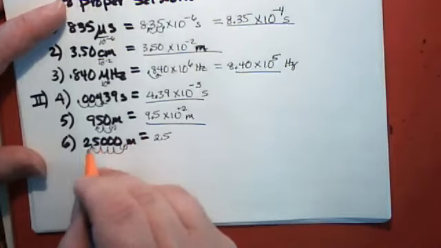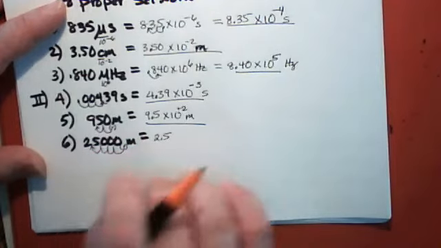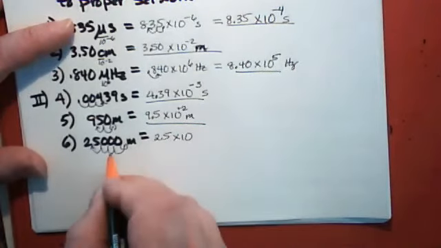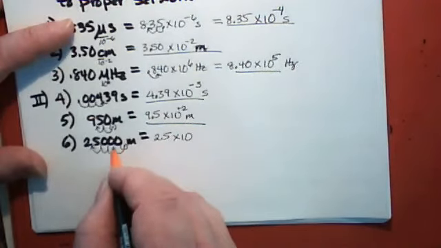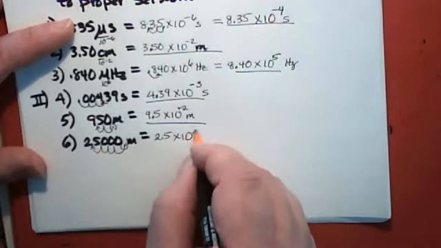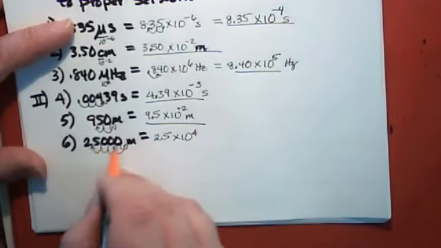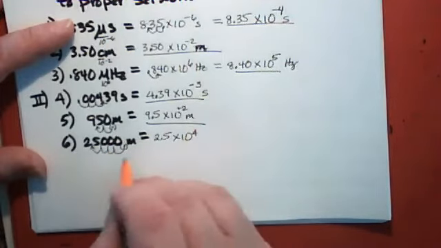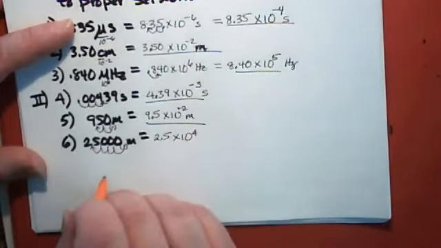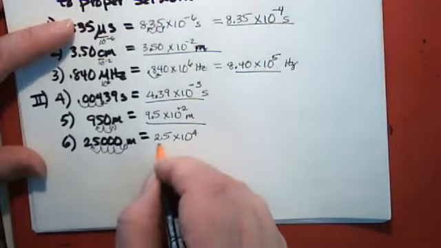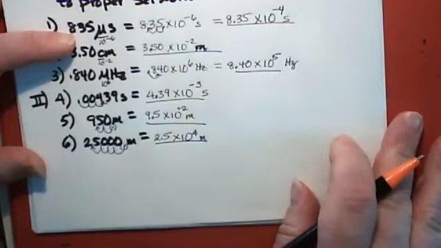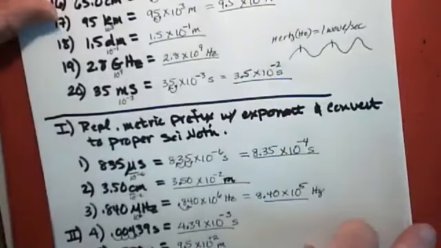So this is really just a 2-digit number as far as significant figures go. And it's times 10 to the 1, 2, 3, 4 power. Moving the decimal point made the first part of the number smaller, so you use a positive exponent. Also, this is a big number, so it should have a positive exponent. And so, oops, don't forget the units. So 2.5 times 10 to the 4th is the same as 25,000.